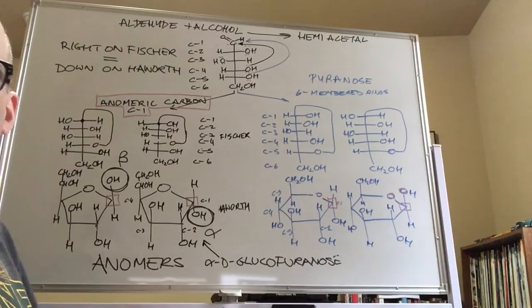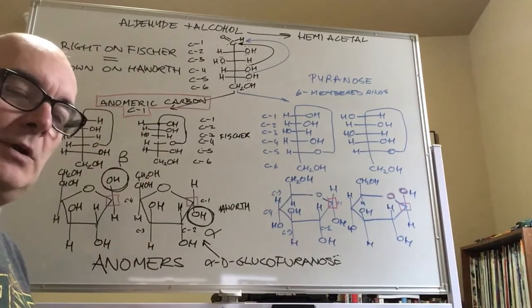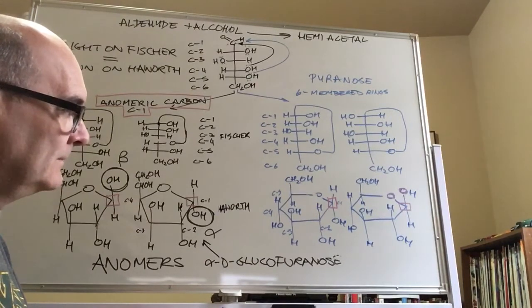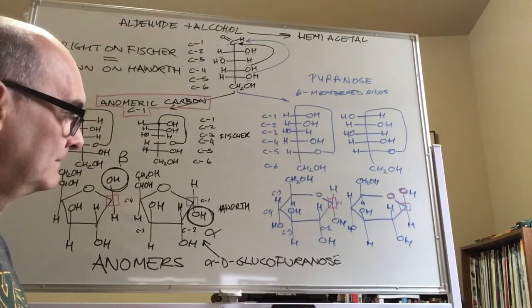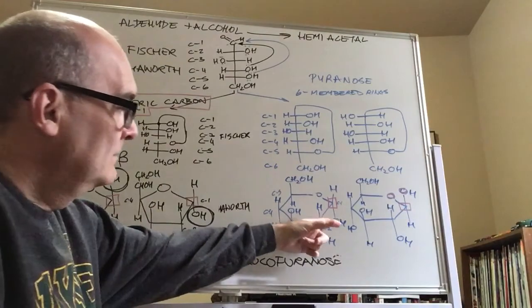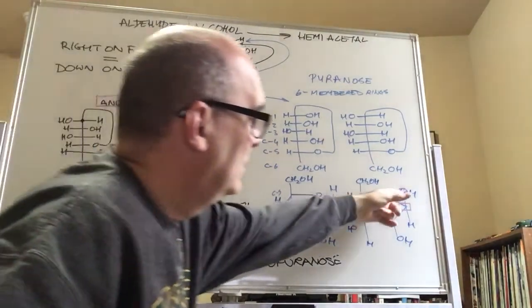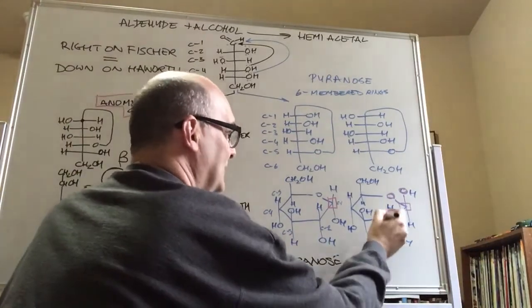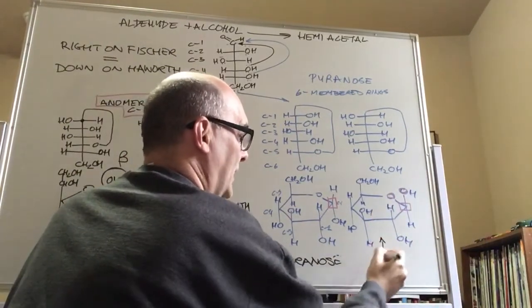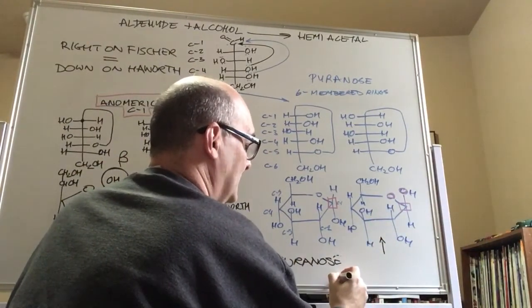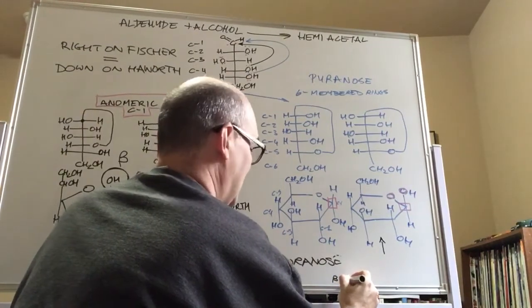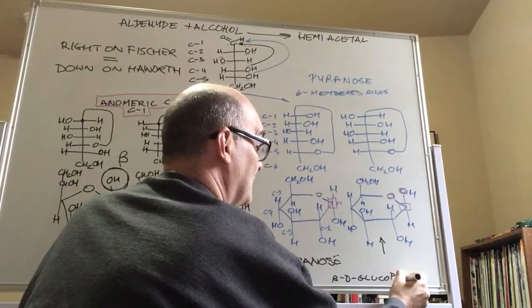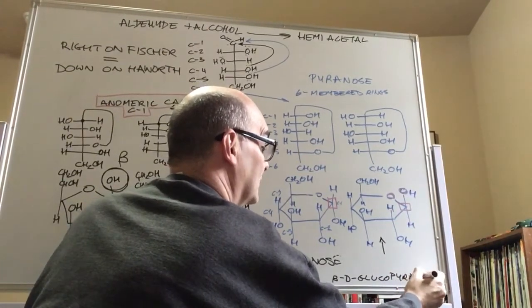It's the only carbon in this molecule that is bonded to oxygen 2 times. Alpha is down, beta is up. So this molecule right here is the beta, D, glucopyranose.